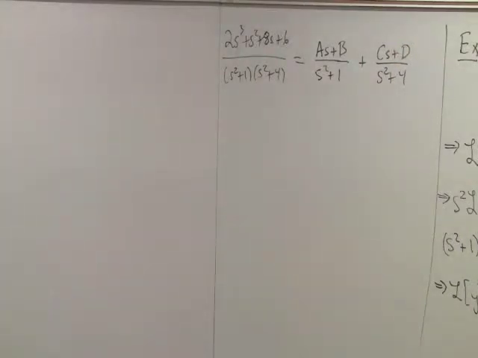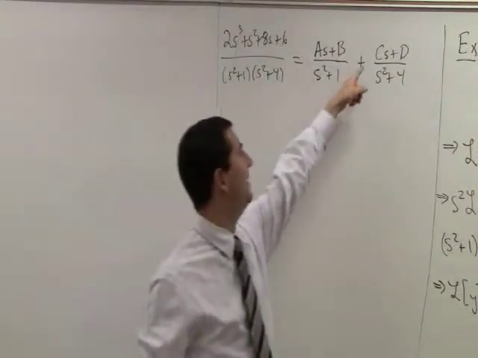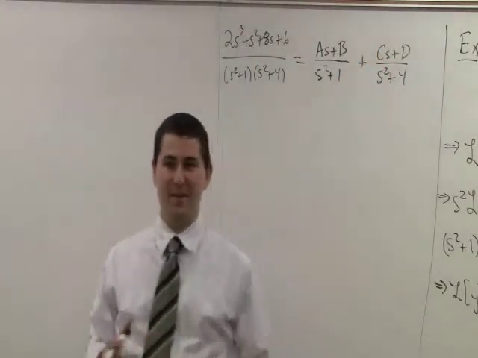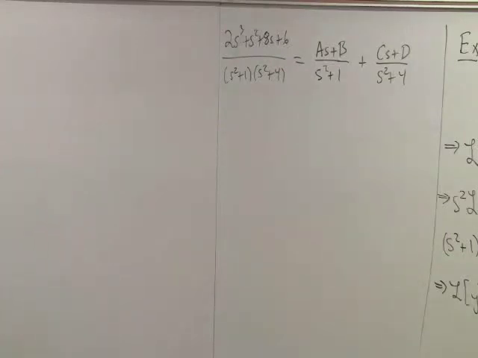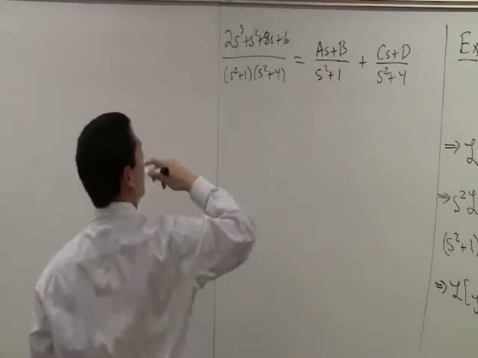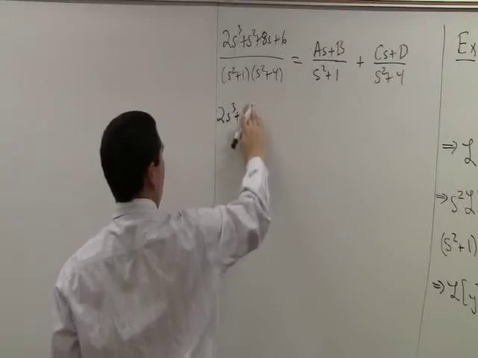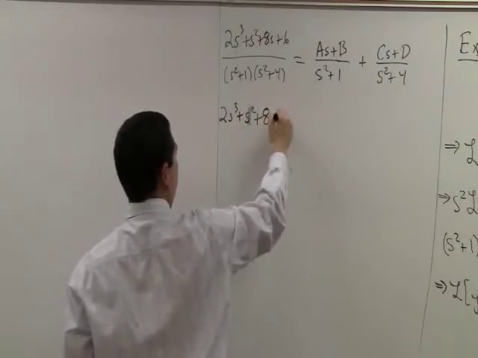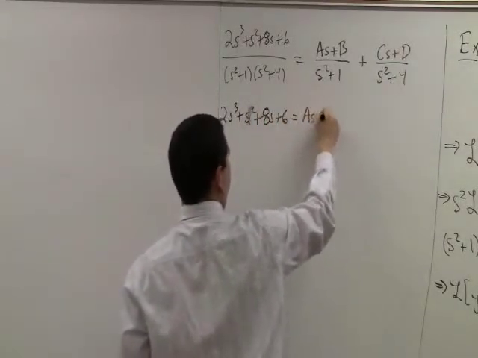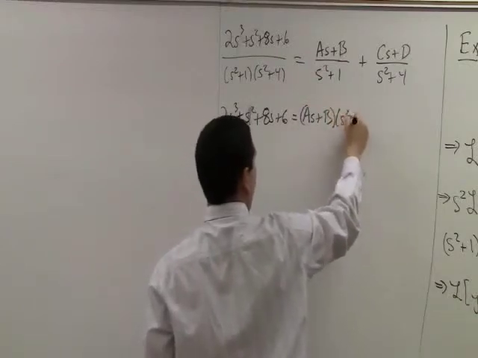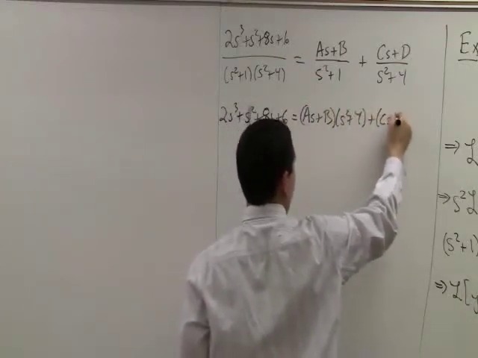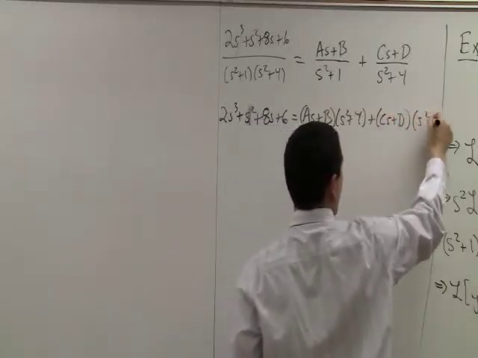You'll remember in 166, I never liked to use c up there because of the constant of integration, but we don't usually have to worry about that anymore. So let's see, we'll kill everything on the bottom. So 2s cubed plus s squared plus 8s plus 6 equals (as plus b) times (s squared plus 4) plus (cs plus d) times (s squared plus 1).